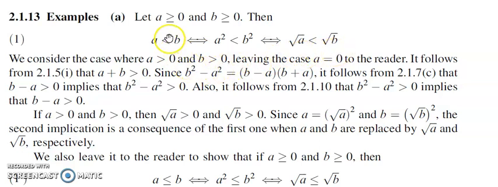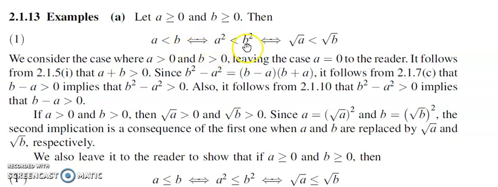So when A is equal to 0, then 0 less than B implies B is positive, which implies B belongs to P. If B belongs to P, then B square also belongs to P by the ordering property of P. That is, B square is greater than 0, that is 0 square.